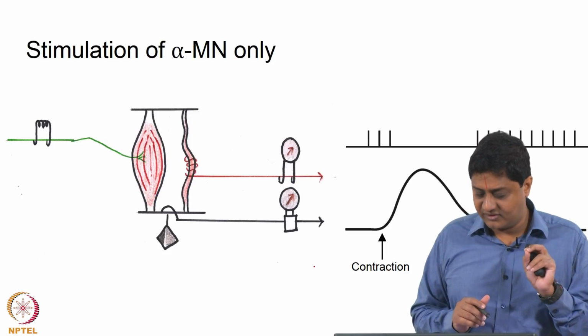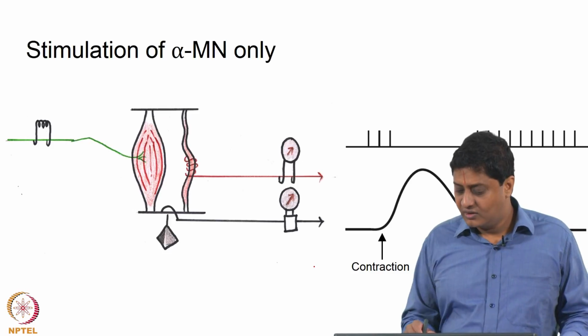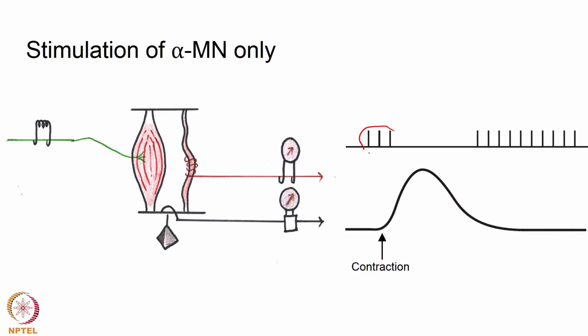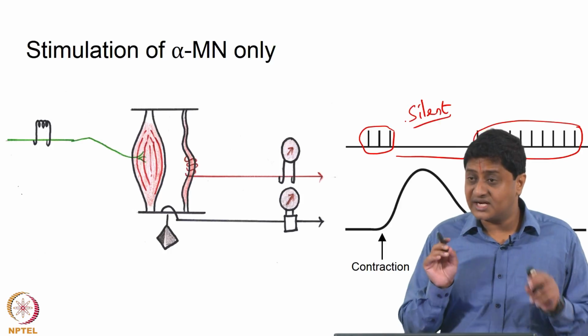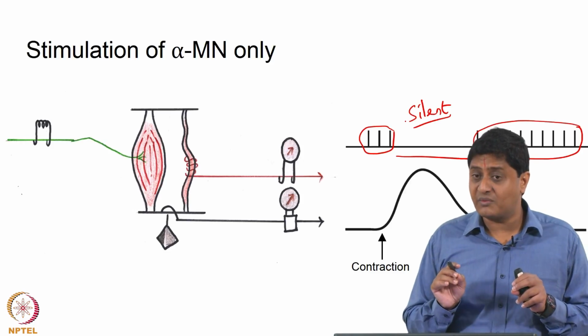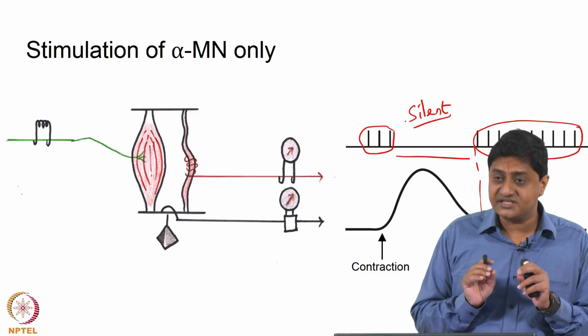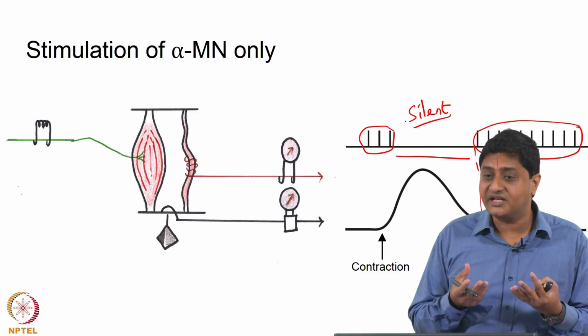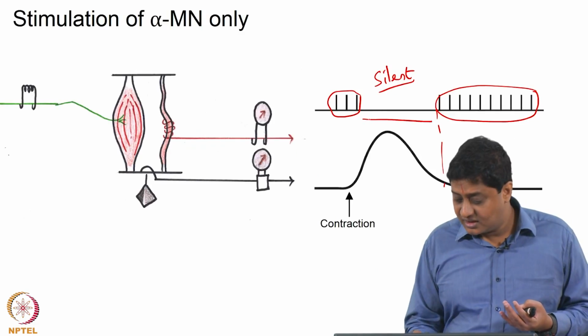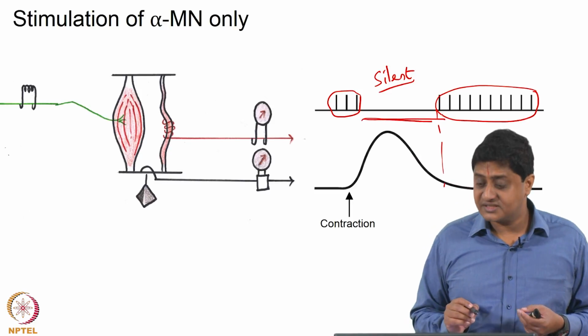What you will see is some length being measured after the contraction is over. During the contraction, this is silent. Why is this silent? Because the static sensitivity has not been adjusted; the gamma motor neurons responsible for changing the static sensitivity have not been activated. Because of this reason, this remains silent.